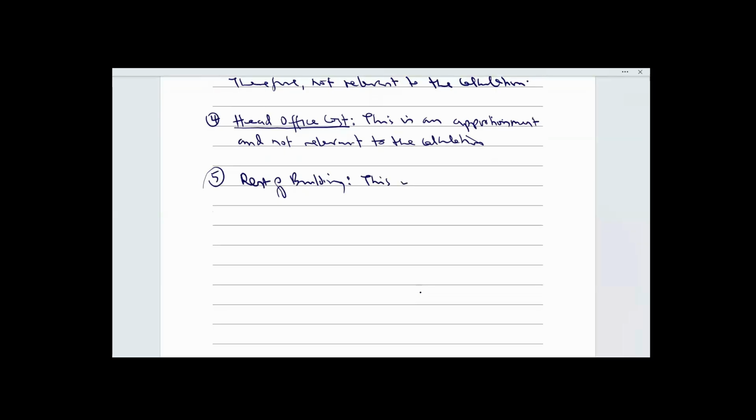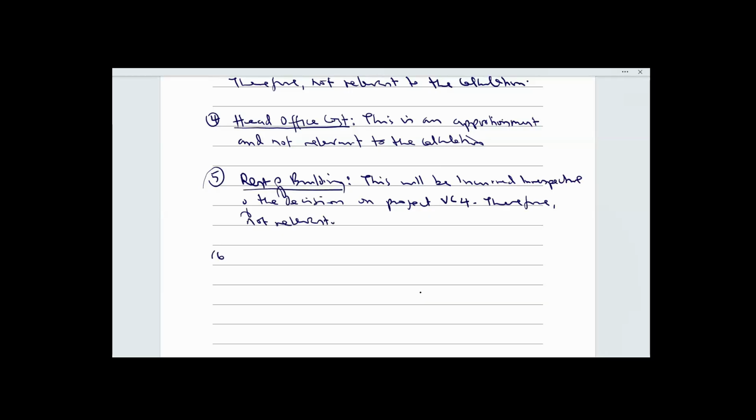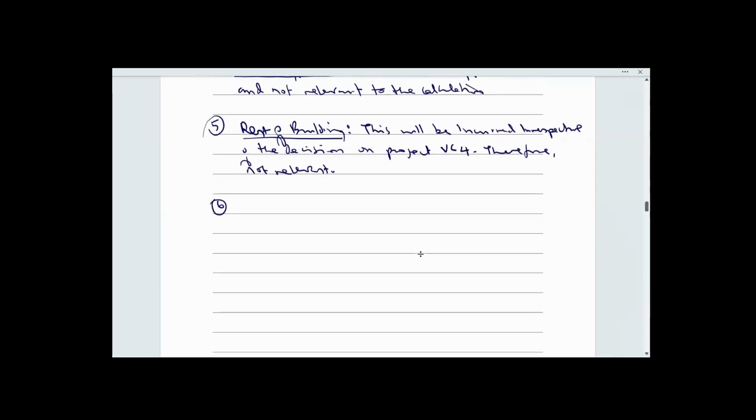This will be incurred irrespective of the decision taken on project VC4. Therefore, not relevant to the calculation. Number 6, we have annual interest.